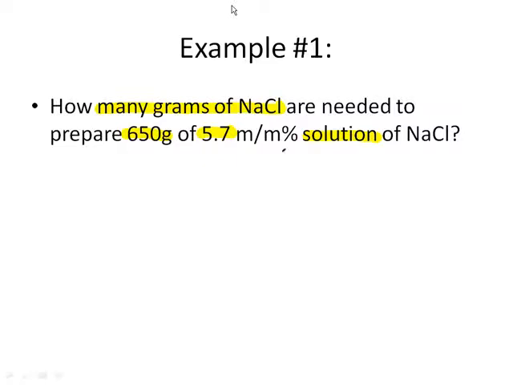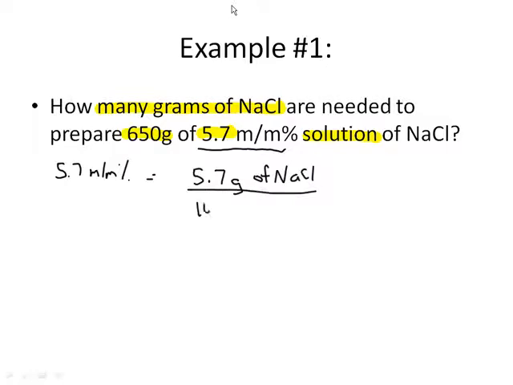Now, your percent here is actually hiding a unit conversion because percents are always parts per 100. So 5.7 mass percent is the same as saying 5.7, and any mass unit I want to choose, so I'm going to choose grams because it's convenient, of solute, which in this case is NaCl, divided by 100 grams of solution, right?